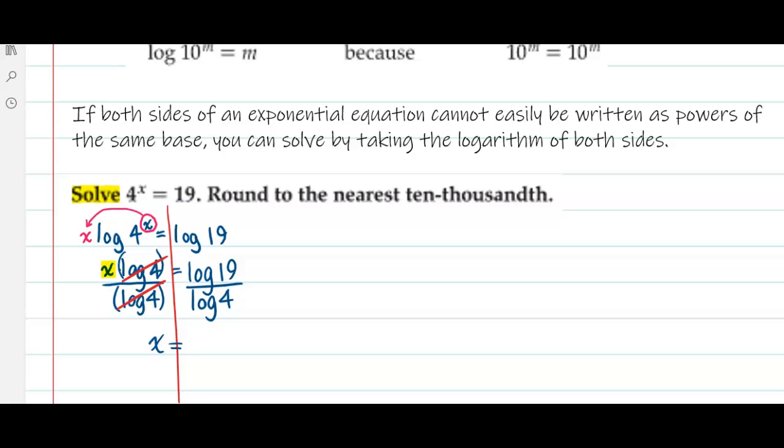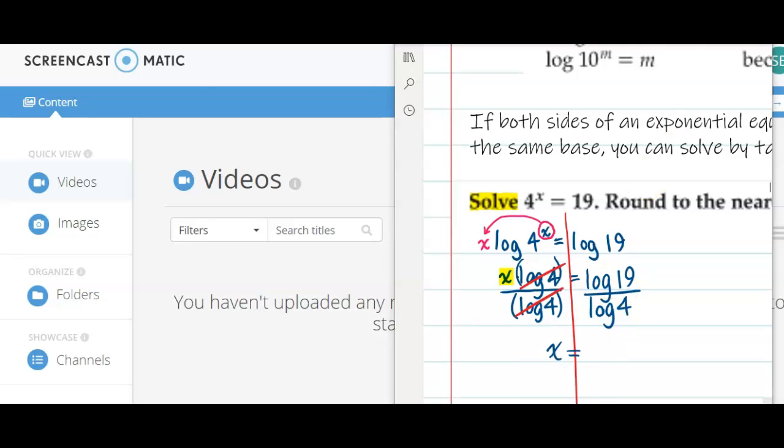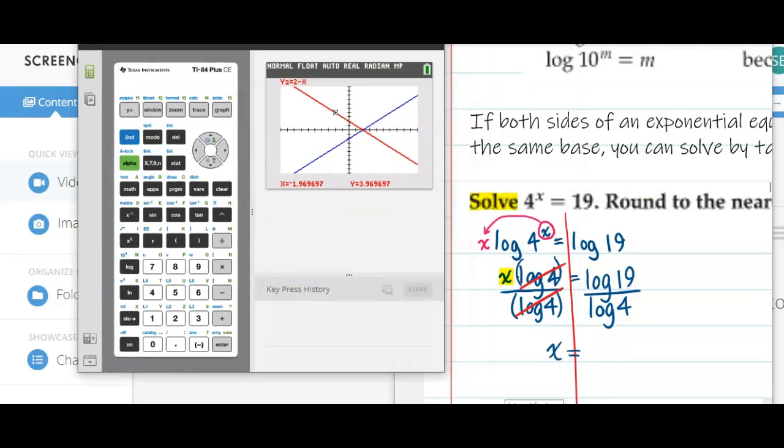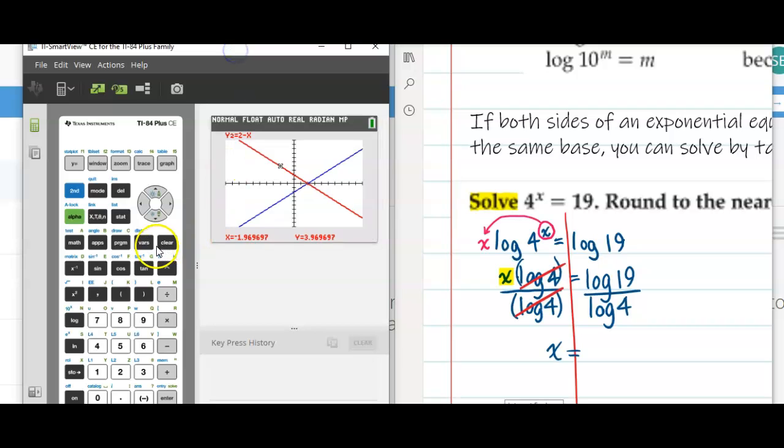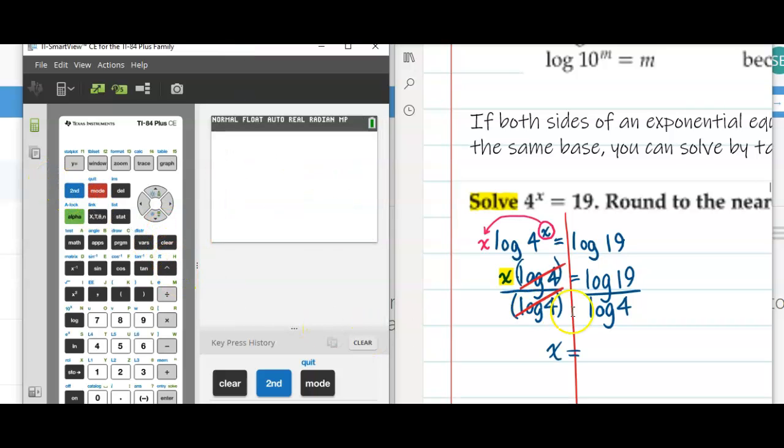On the right side, I can type this on the calculator because our calculator can handle common logarithms. It's really helpful. So let me move that down and pull my calculator up. All right, clear out my calculator. Back to the home screen.